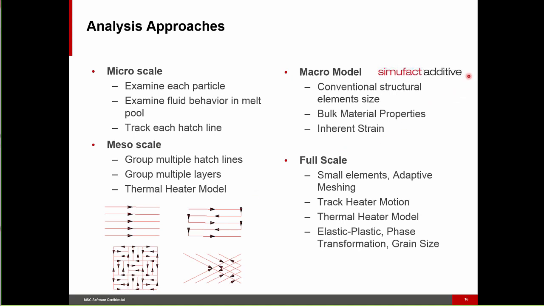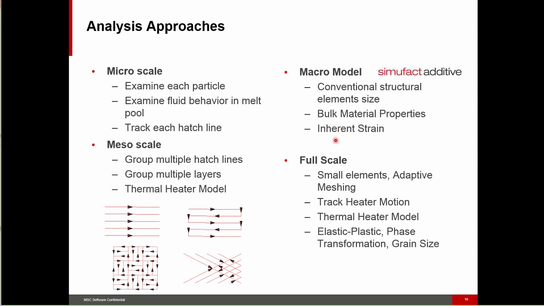And in Simufact Additive, which we're introducing today, we're going to use almost conventional structural element size. You can tune the element size, but we get very quick computational times in comparison with micro-scale analysis.